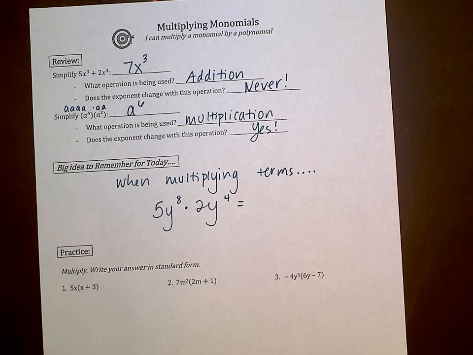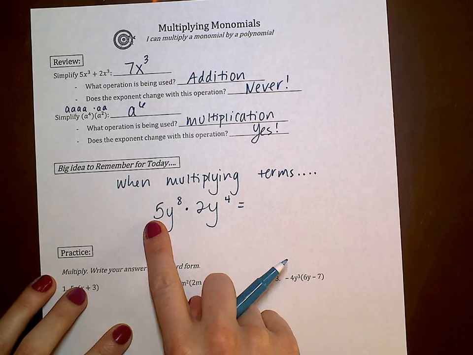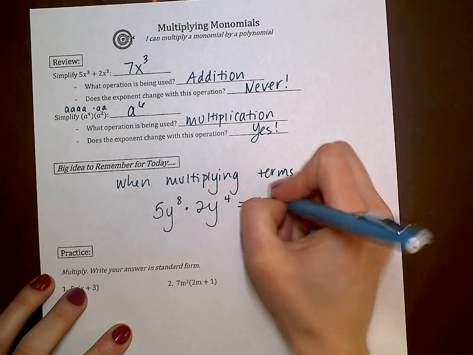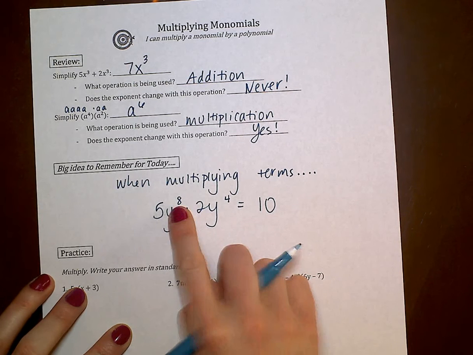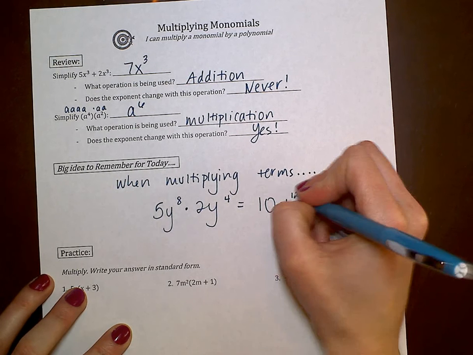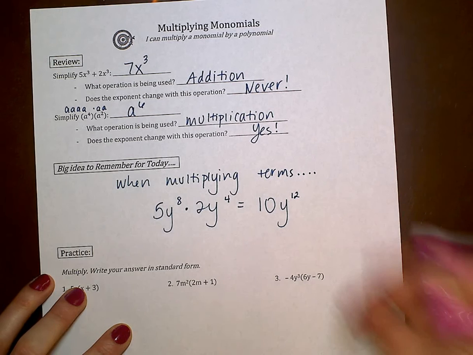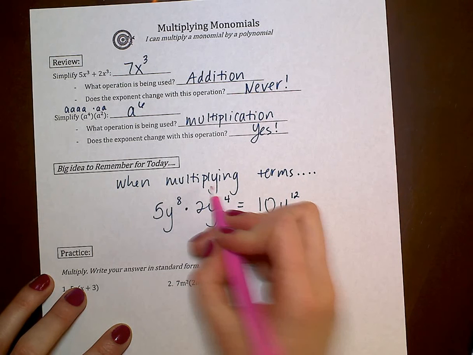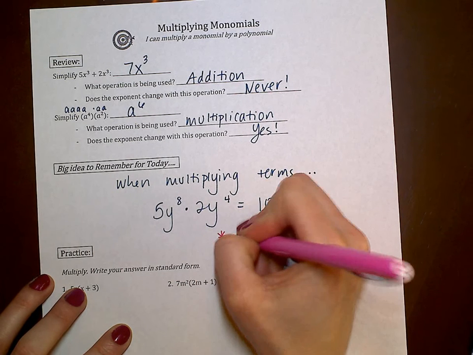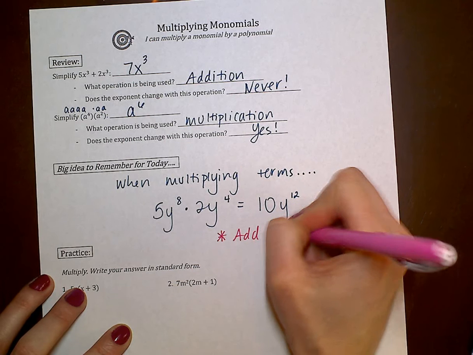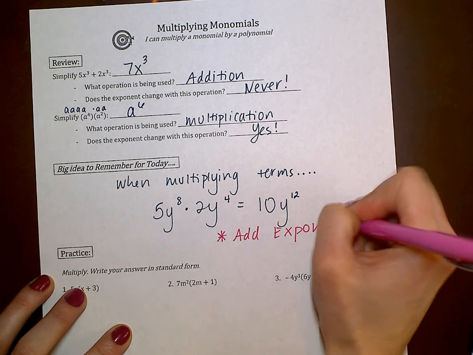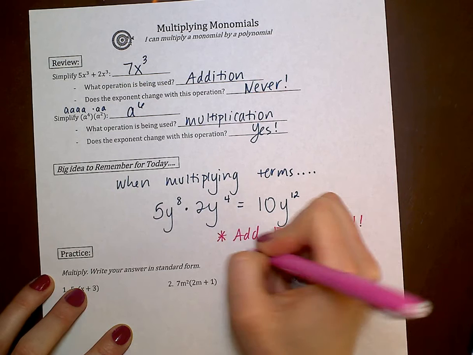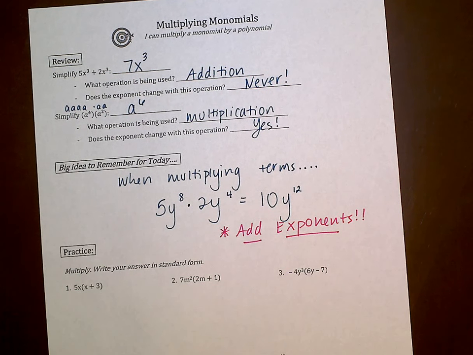If I think about what that equals, and again, I saw this stuff last unit, I would do 5 times 2, which would be 10, and I would add the exponents, and I would say y to the 12th. So the big idea for today is that when you're multiplying terms, you've got to add the exponents. Don't forget.